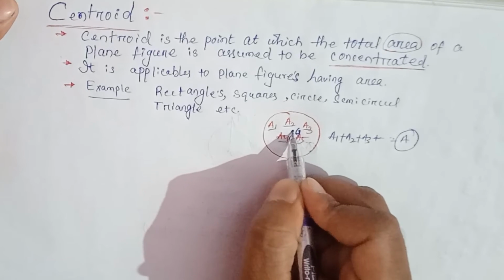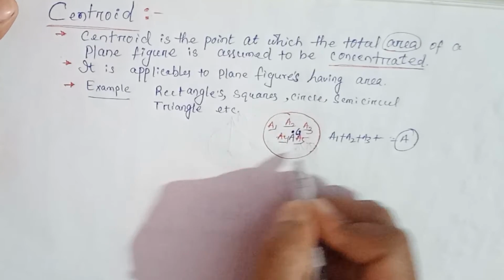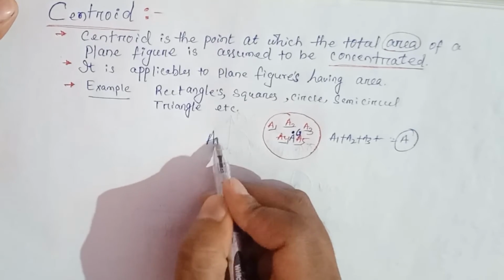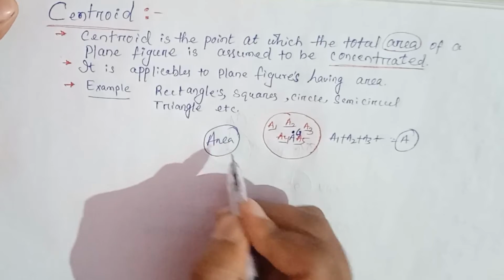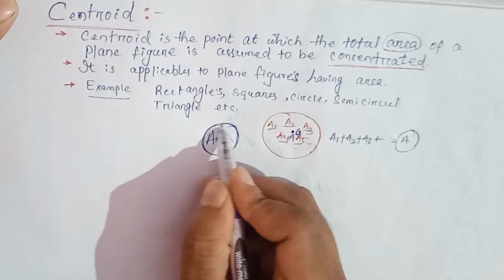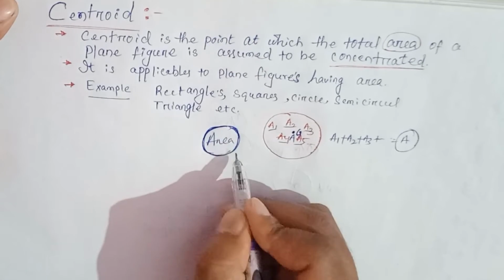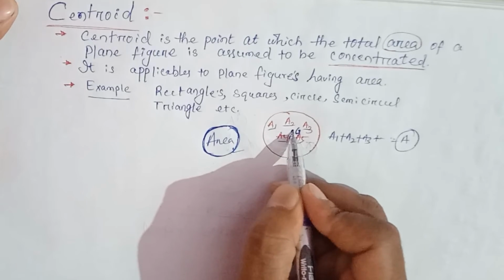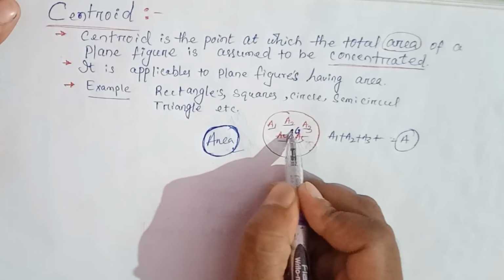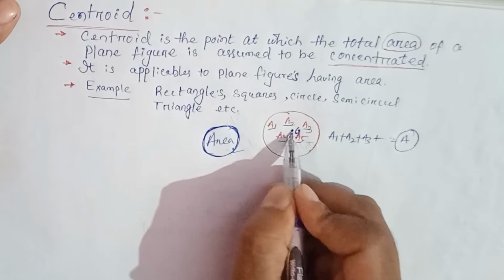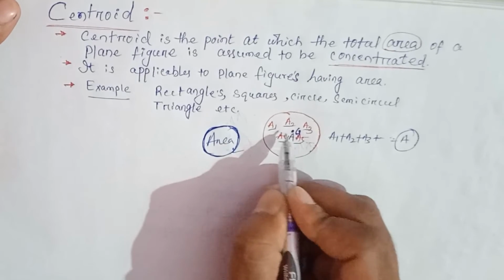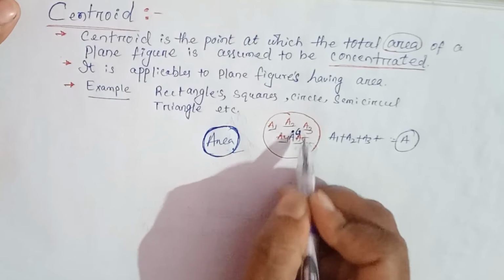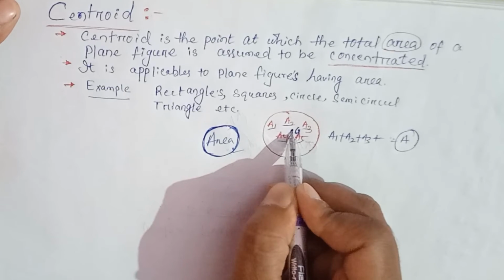Okay, so this point, the whole area, you can remember it. Okay, you should remember it. The whole area of a plane lamina will be concentrated in a single point. That means this point is known as the centroid point, where all the areas are concentrated in a single point.